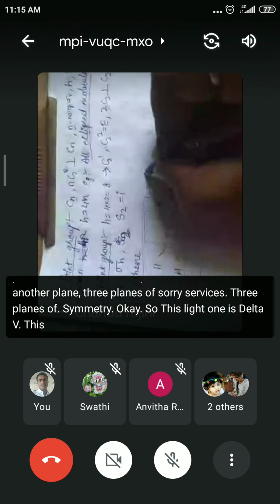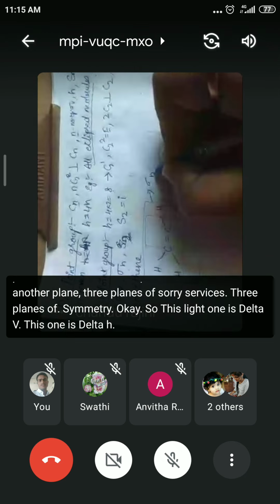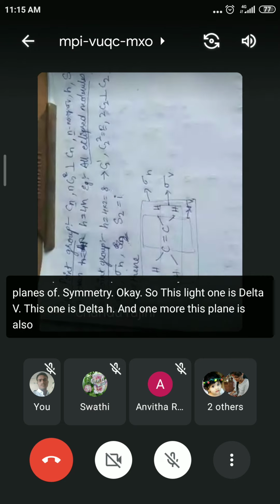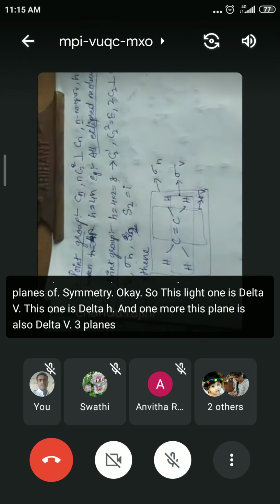This one is sigma h, and one more, this plane is also sigma v. Three planes of symmetry.